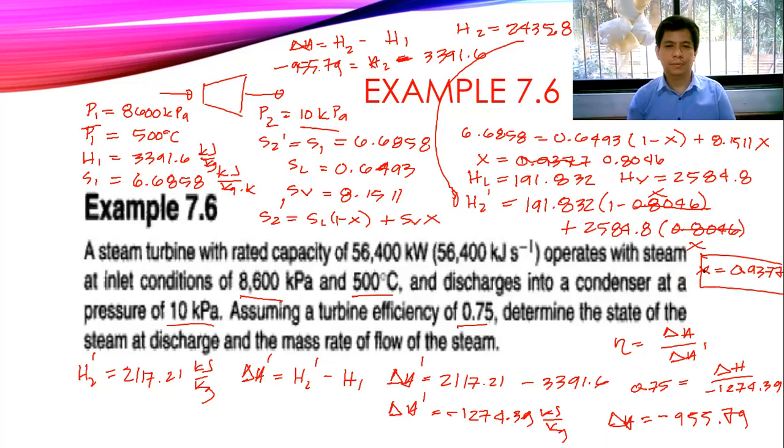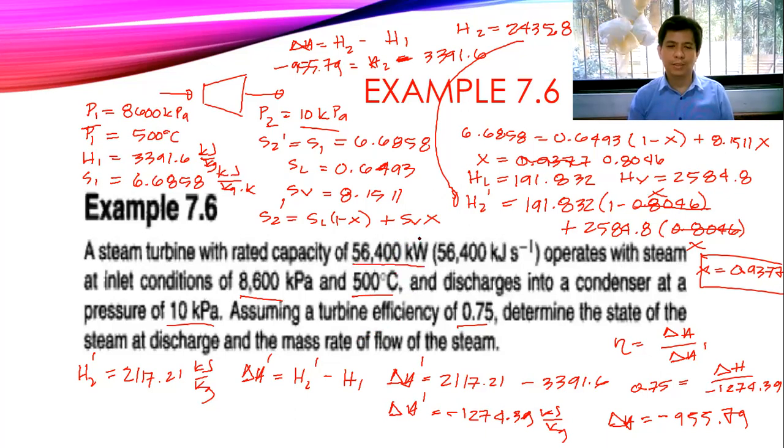Okay, so I hope you can follow the flow of the solution. Ano? Tapos the other question is the mass rate of flow of the steam. Medyo marami nang makasulat. Pero kung hanggang dito nasundan niyo naman, okay na. Ito madali na lang to, itong mass flow rate of the steam. Gagamitin niyo lamang itong 56,400 kilowatts.